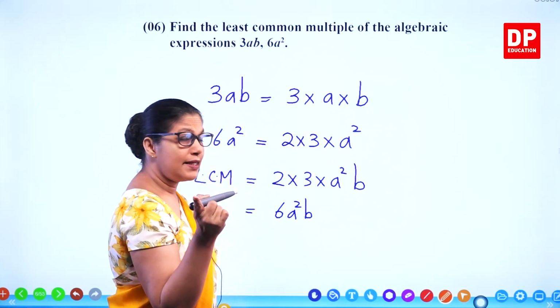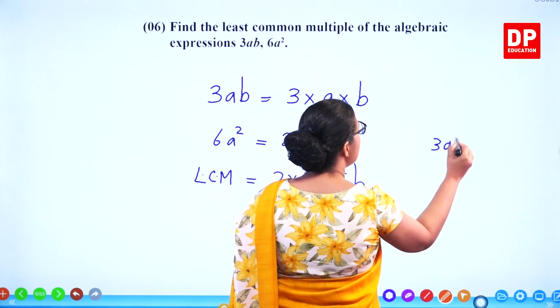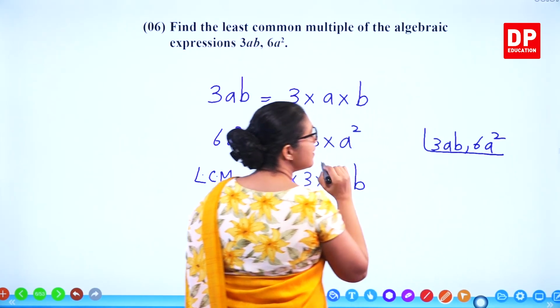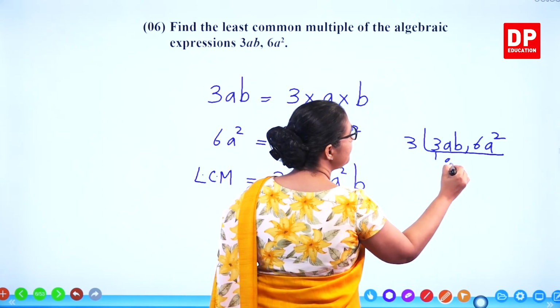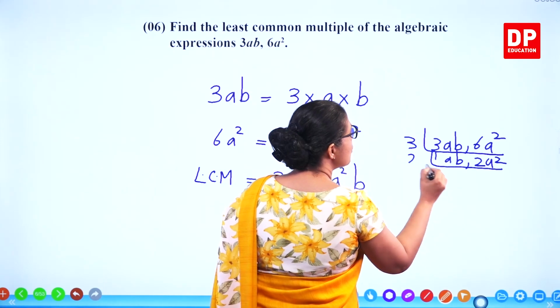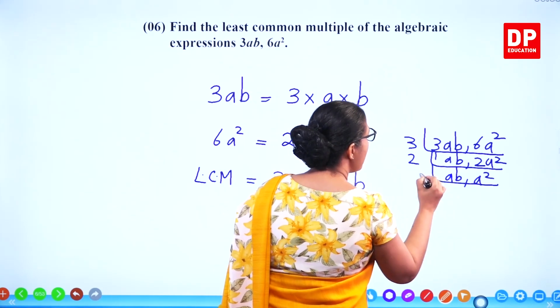Or what's the other method? You can take straight away and find the factors. So first you can divide by 3. You can divide by 2. You can divide by a.